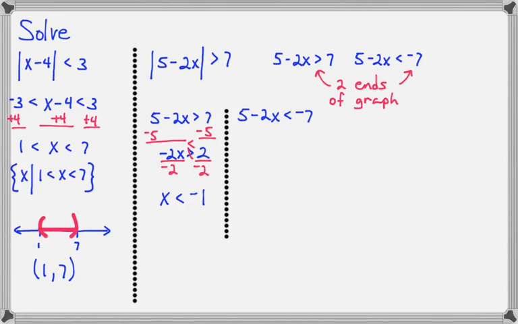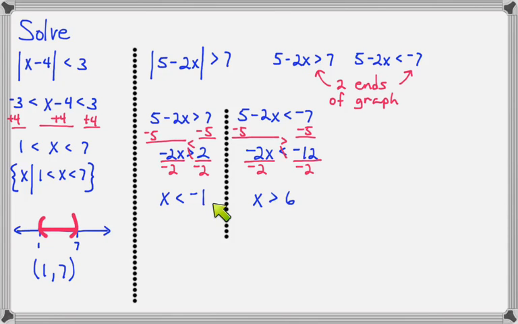For the second inequality, we'll subtract 5 from both sides, and we'll have negative 2x is less than negative 12. Divide both sides by negative 2, and that's going to force you to flip your symbol over, and you'll have x is greater than 6.